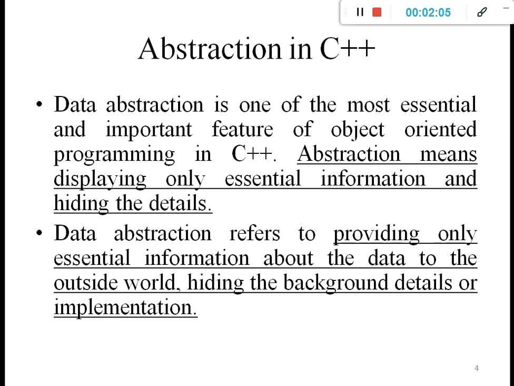Simple. Data abstraction refers to providing only the essential information about the data to the outside world and hiding the background details or the implementation. In the example we already understood, the user wants to view the bank balance, but behind the screen it executes the query to find the particular user and the balance of that user.